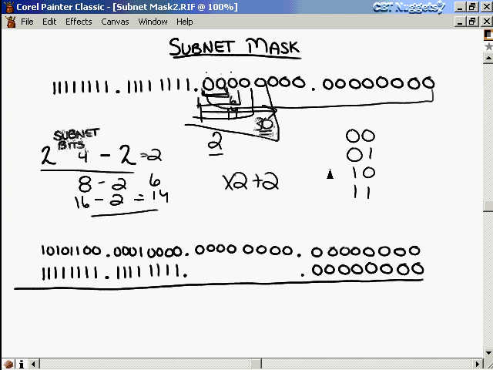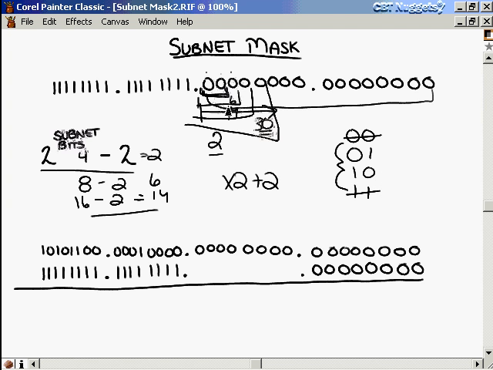Well, we have the rule that we spoke of earlier that said a network or a host of all zeros is not allowed, and a network or a host of all ones is not allowed. The same is going to hold true for subnets. And this is in a general sense. So that's why we're saying you will be allowed 2 subnets that are usable by using these 2 bits. Even though there are 4 possible combinations of binary values, 2 of them are not allowed.